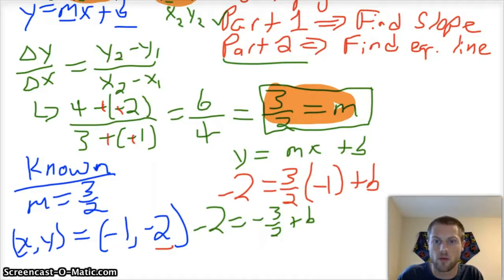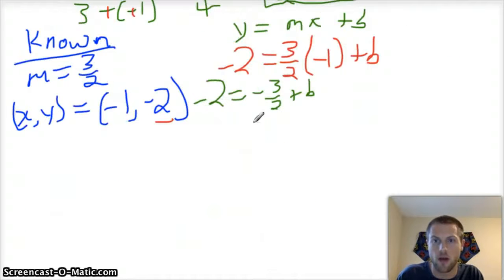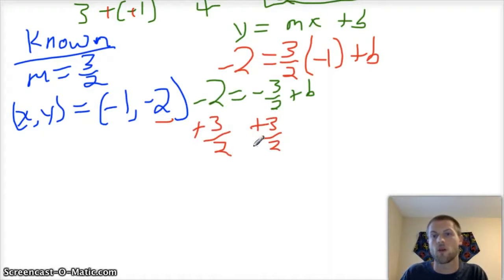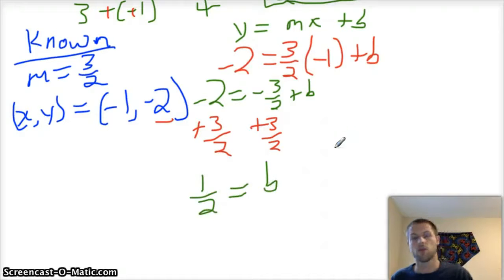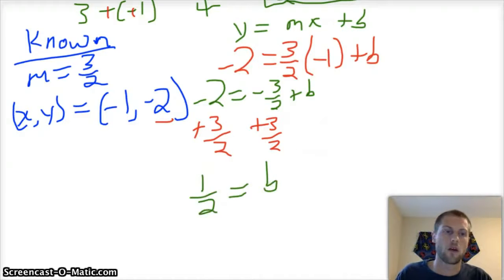I'm going to have to add 3 halves to both sides, or you could think of that as adding 1.5 to both sides. And so now what I'm going to get left is 1/2 equals b. If you don't believe me, check.